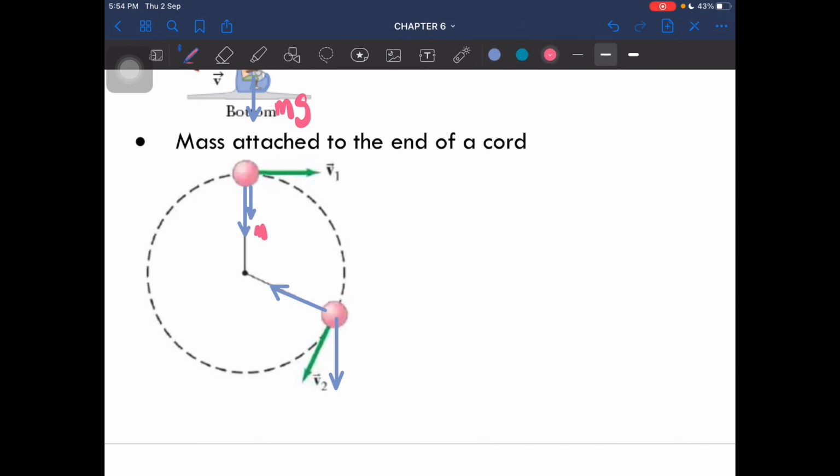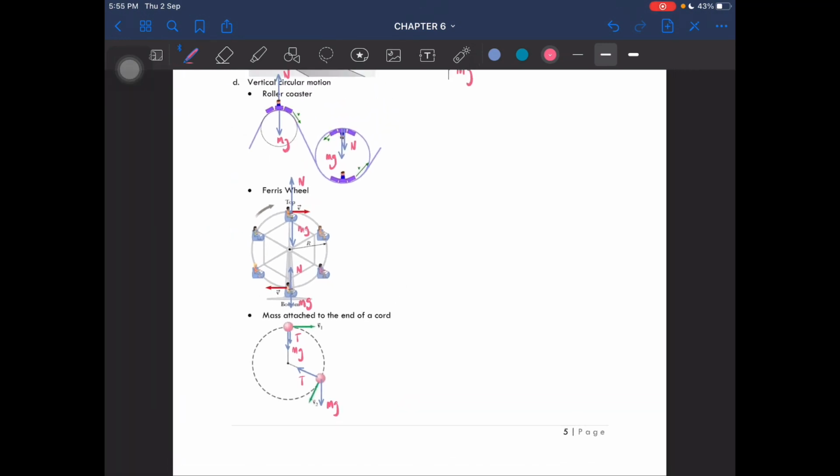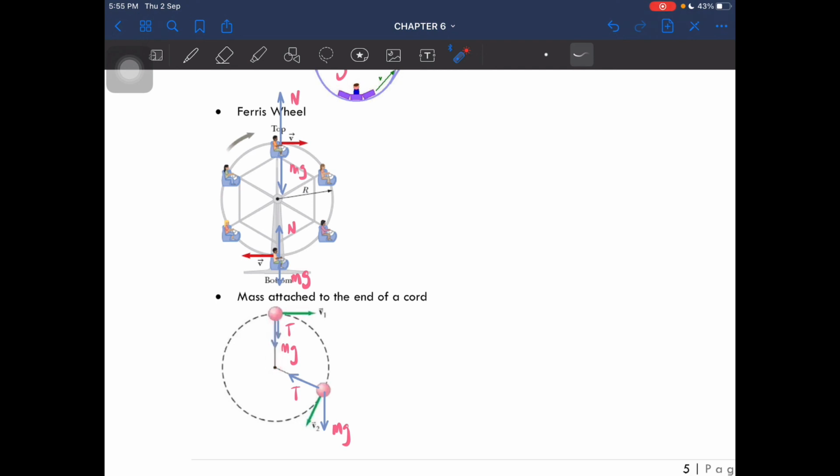So this is mg, tension, mg, tension. What you need to consider here is to remember that the weight is always pointing down, don't change it. Then consider the normal force: if there is contact, there is a normal force. If there is a rope, there is tension. Remember, tension goes away from the object through the rope.